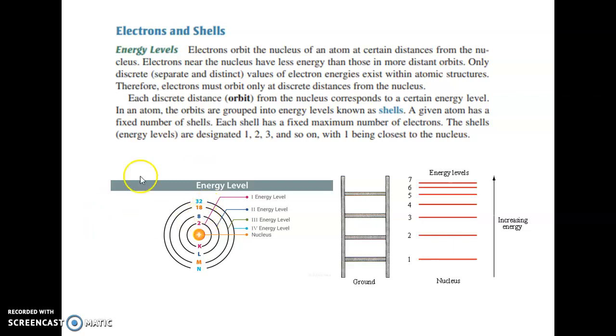M has 18 electrons, while N has 32 electrons. You know the formula 2n squared. For the K shell, you substitute n equals 1. For the L shell, you substitute 2. For the M shell, 3, N, 4, etc. So this will give you the shell in which electrons will orbit around the nucleus.